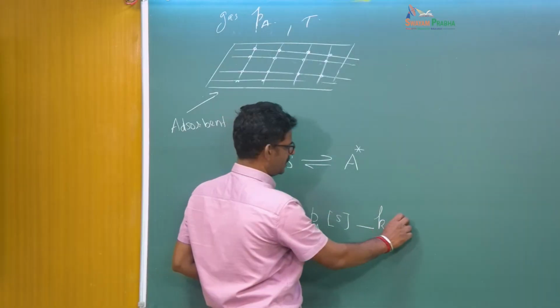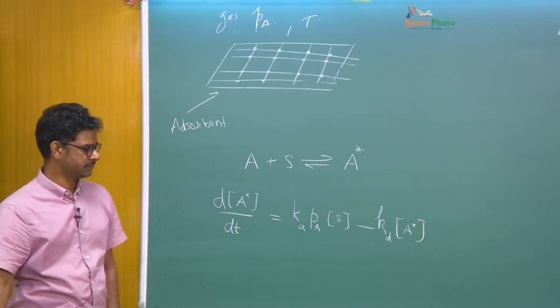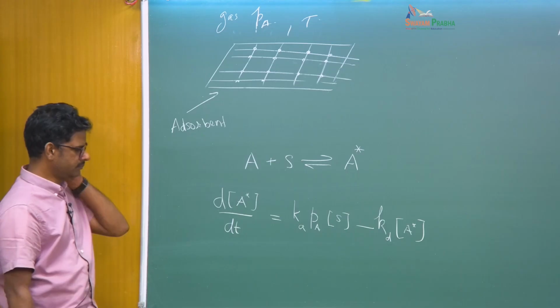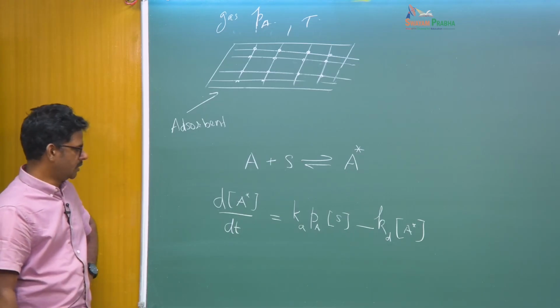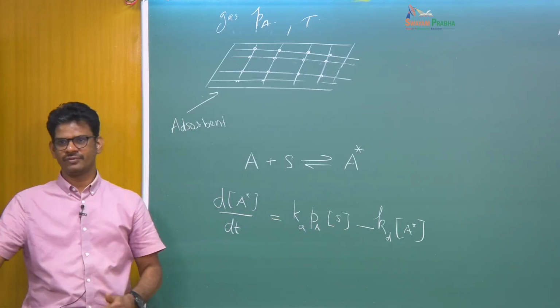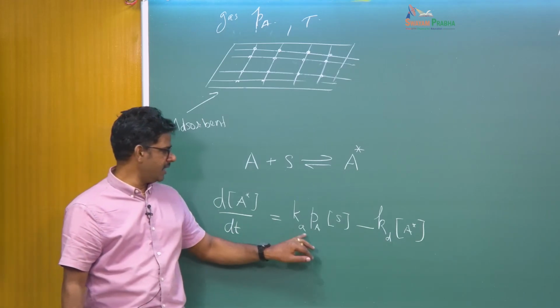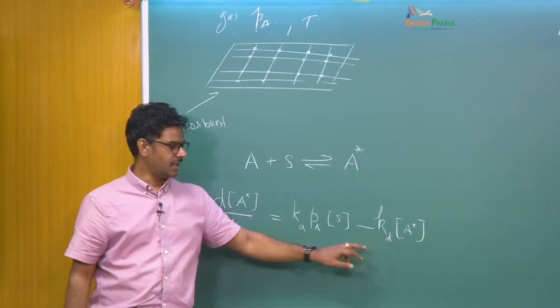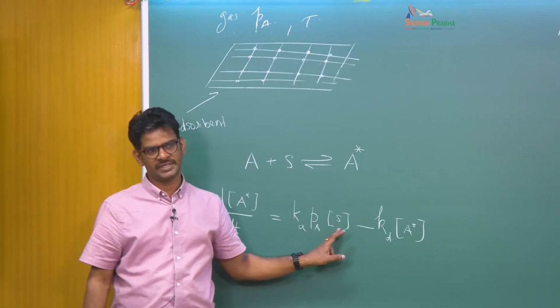So we are going to say this is A star. If you want to solve this equation, you can get the time evolution of A star as a function of time, and for that you need Ka and Kd, and you also need how the number of free sites are changing with respect to time.